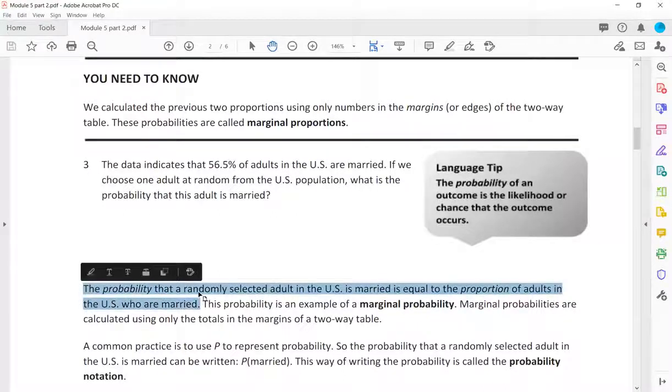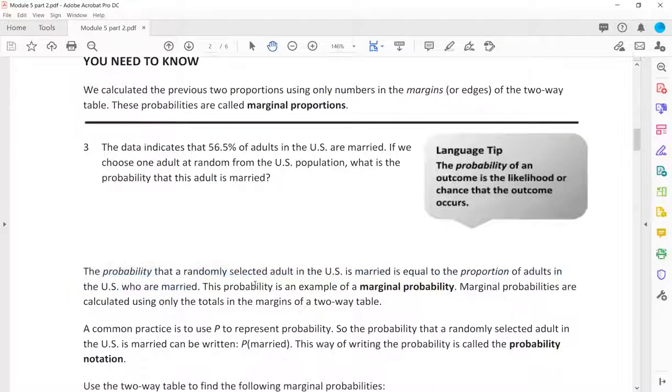So probability and proportion, you can assume they are conveying the same concept, the same meaning. This probability is an example of marginal probability.